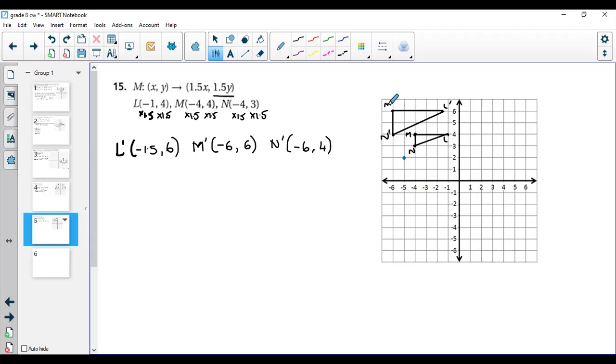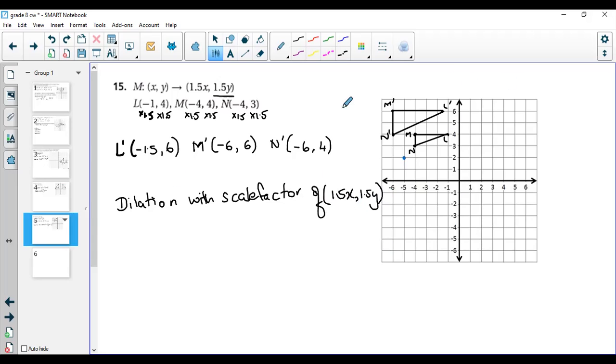So what kind of transformation is this? It is a dilation with what key? With the scale factor. Scale factor is the same, of 1.5x and 1.5y.